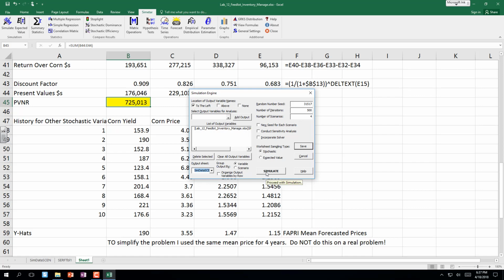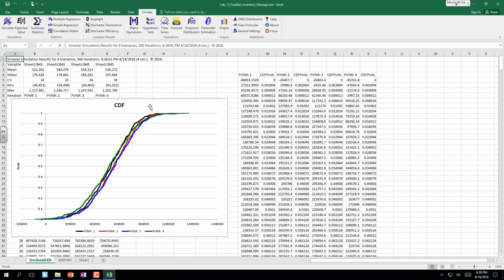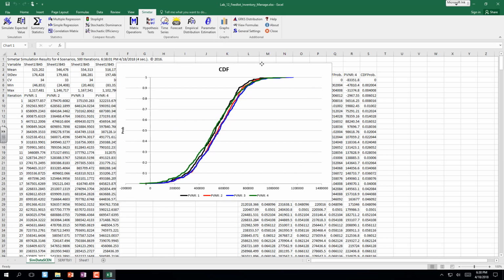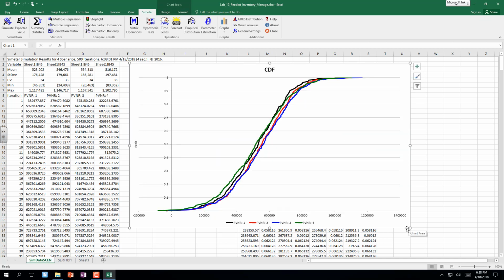By this time, I think you all know how to draw CDFs. Okay, there we go. We get nice crossing CDFs. We get some negatives in there. We get some fairly big ones.